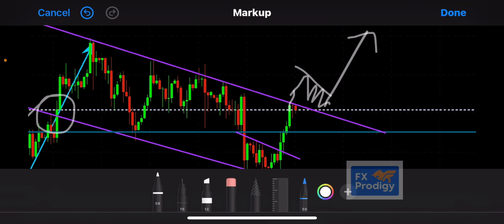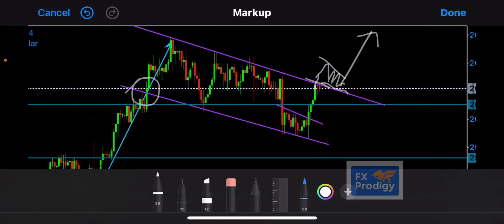So the small minor flag can form to the upside of the trend line or to the downside, but for it to be much more feasible, it has to form on the downside of the trend line.